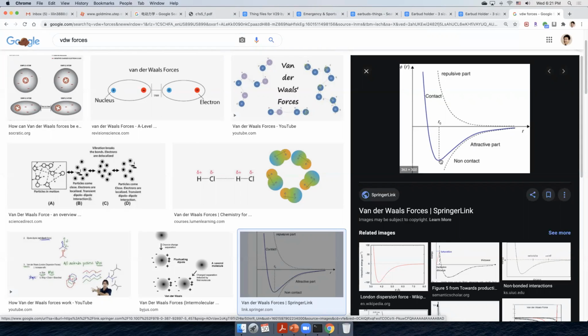And then at some distance, which is r0, that's the most comfortable distance for those two atoms. At this distance, the attractive force is the strongest. But if you push the two atoms even closer, then the negative force becomes smaller and smaller and then gets to zero. If you try to put them even closer, the force becomes positive, meaning repulsive.